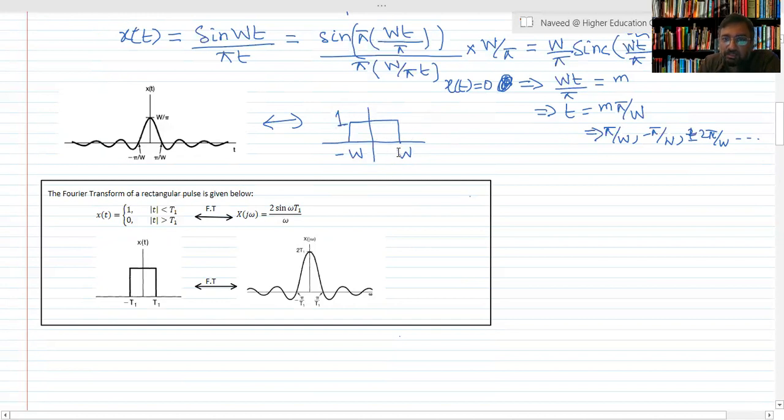When W approaches 0, pi over W approaches infinity, and this Sinc function approaches a constant value. So if we have an impulse in the frequency domain, then the corresponding signal in the time domain is a constant.